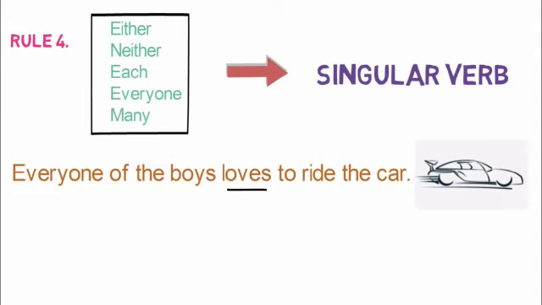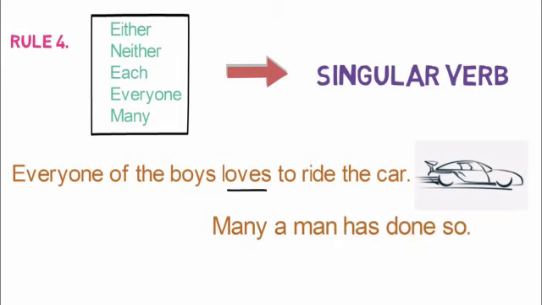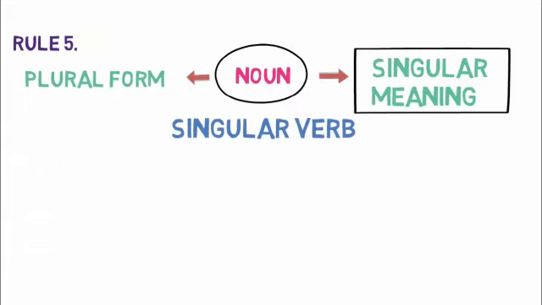Let's look into one more example of this kind. Many a man has done so. Here we have used a singular verb has, because the word many is used. Clear? Okay, so now let's look into the next rule.